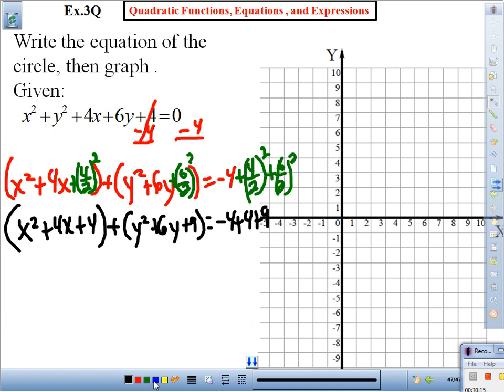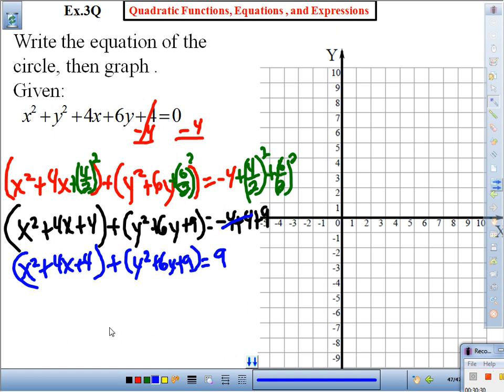Eliminate the fours right here. We end up with 9 equals x squared plus 4x plus 4 plus y squared plus 6y plus 9. Take the square root of the first of each. That is x plus 2 squared plus y plus 3 squared equals 9.